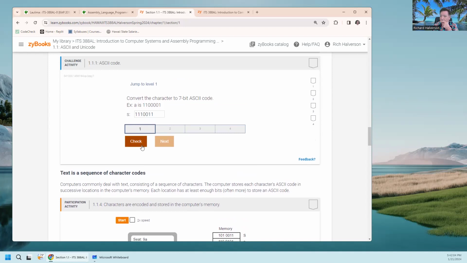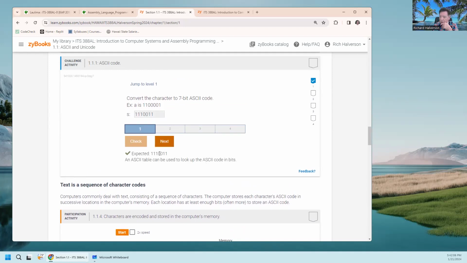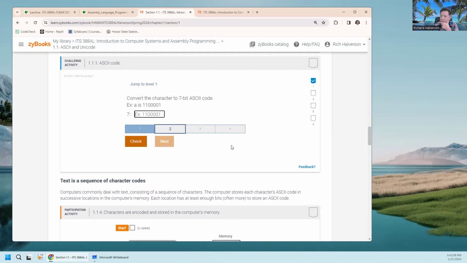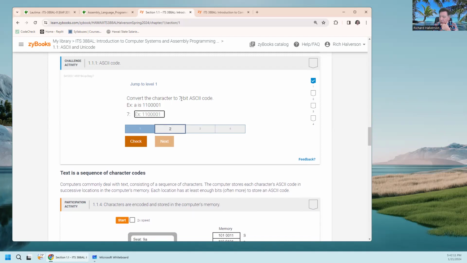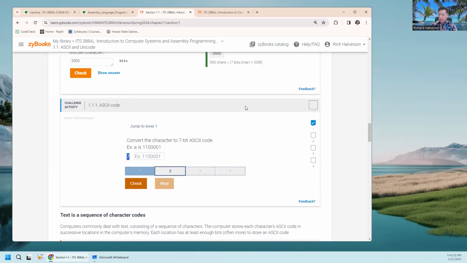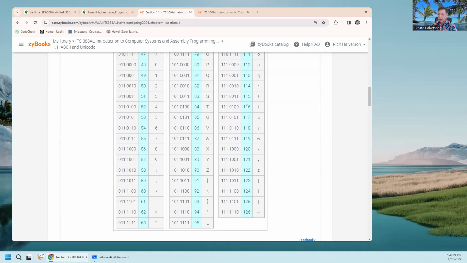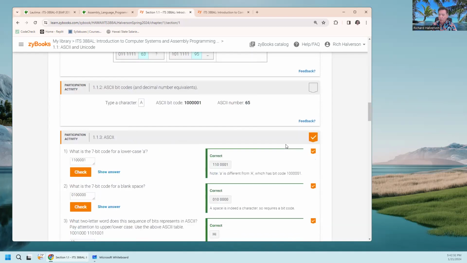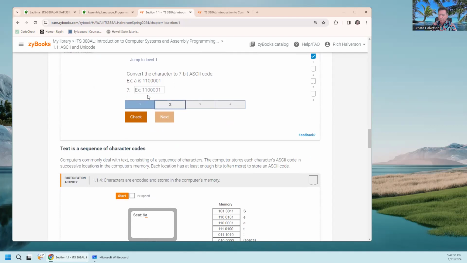Okay, 1110011. What's next? Convert the character to a 7-bit ASCII code. The same thing. Okay, this is an example. The 7 is 0110111.